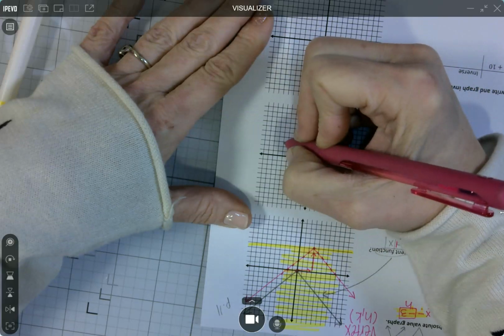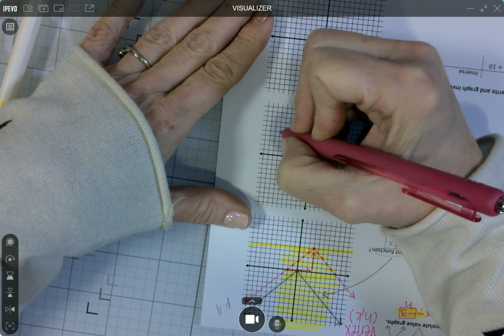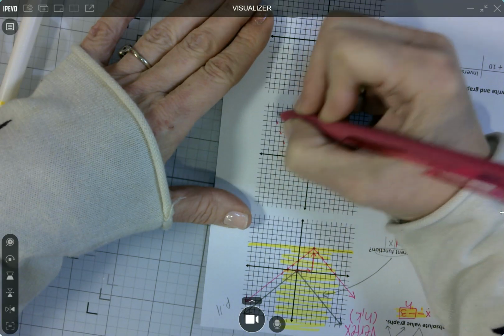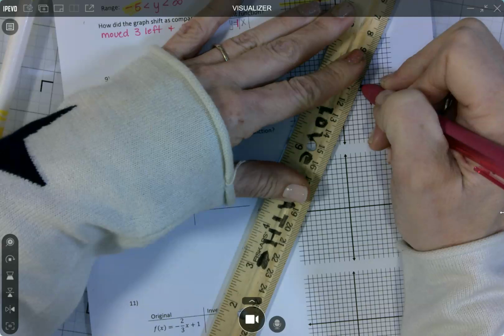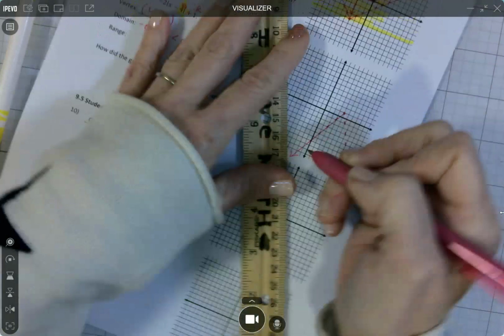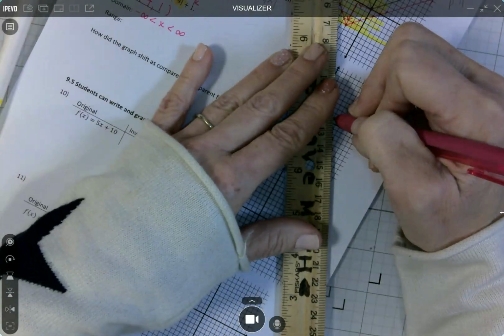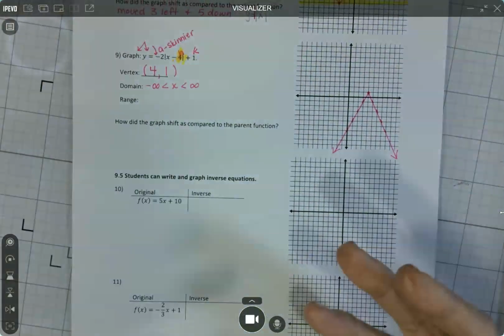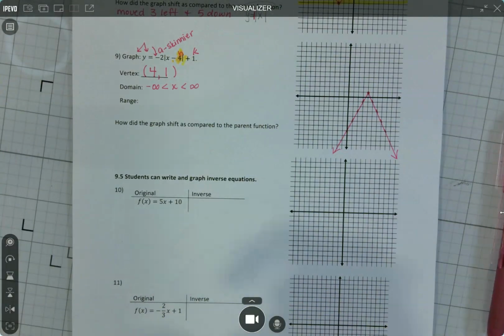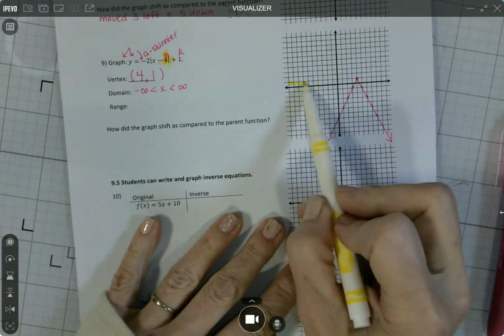So I have my paper upside down, and this is going to help me make sure I get everything in place. I'm going to put it right side up again. The reason why it's opening down like this is because the A is negative. And that negative flips it over. It's like a reflection.